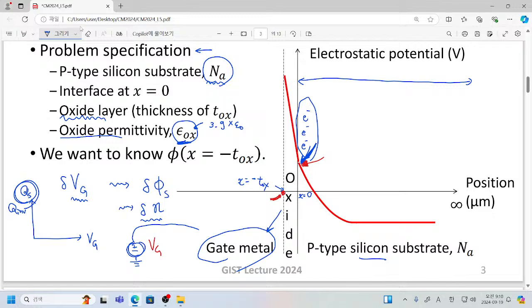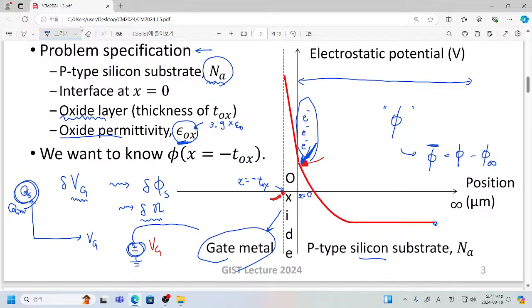Now every quantity of our interest is written in the form of electrostatic potential phi, or more precisely we are now representing our quantity as a phi bar. What is phi bar? That was the electrostatic potential referenced to the value at the deep substrate.